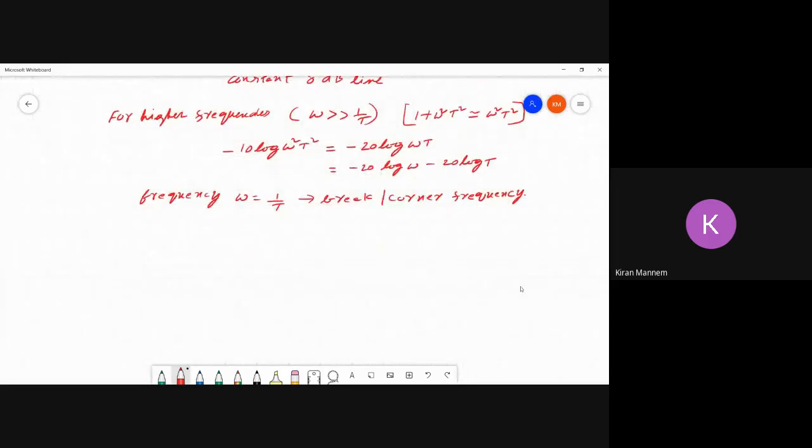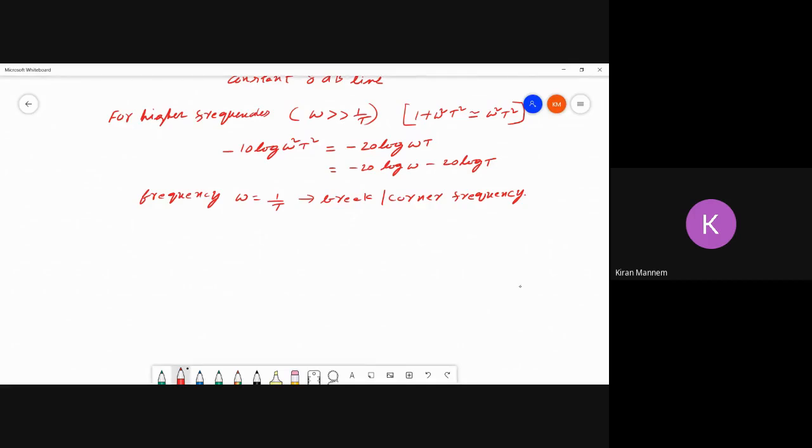Why is it called break frequency or corner frequency? Before omega equal to 1 by t, that is for lower frequencies, you have one straight line, that is the 0 dB line. After that, you have another straight line with minus 20 dB per decade. So see this basic factor, and we assumed low frequencies and higher frequencies. We made some assumption, right? So that's why you will get some error in this Bode plot.